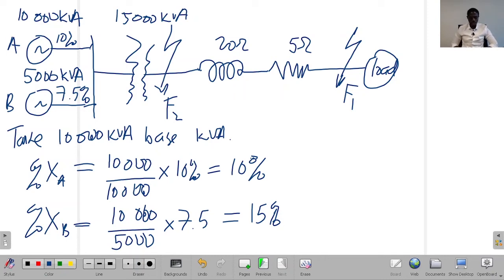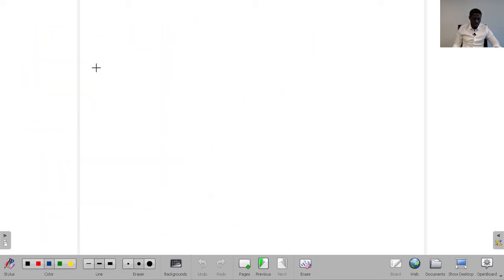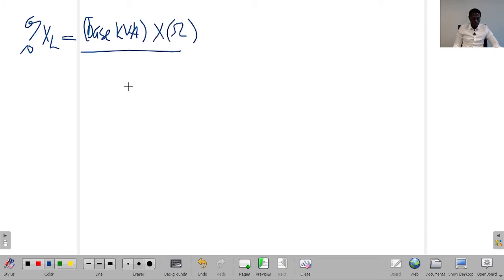Afterwards, we go to finding the line reactance in ohms, which must be converted to the percentage reactance as well. So for the line, we are converting the reactance from ohms to percentage reactance. We use the base kVA multiplied by reactance in ohms over 10 times the kV squared.